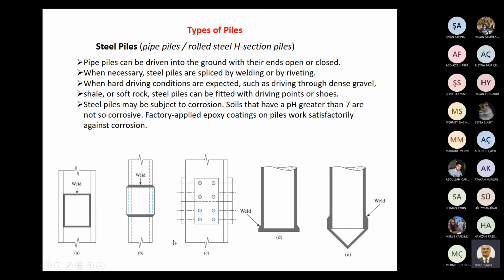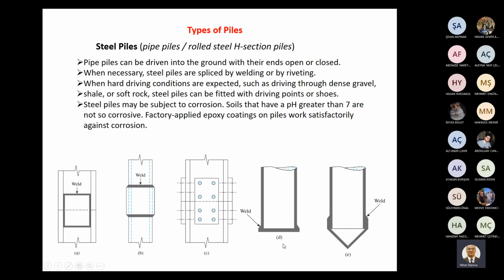When hard driving conditions are expected, such as driving through dense gravel, shale, or soft rock, steel piles can be fitted with driving points or shoes, such as shown in figure D and E. And these shoes or ends may be welded.